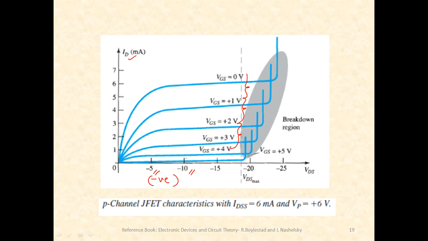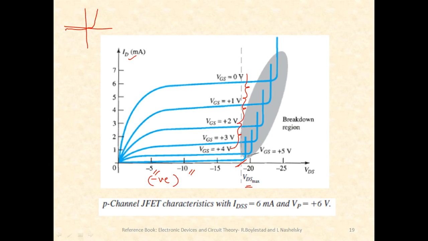Okay, fine. If VDS is increased beyond a certain range, which is called VDS max, then there will be breakdown happening wherever the PN junction is there, because the PN junction will be reverse biased, and we know that by the fundamentals of the diode. I just draw it here. That's the diode forward bias characteristics, and in the reverse bias characteristic, a very small amount of reverse current will be flowing.